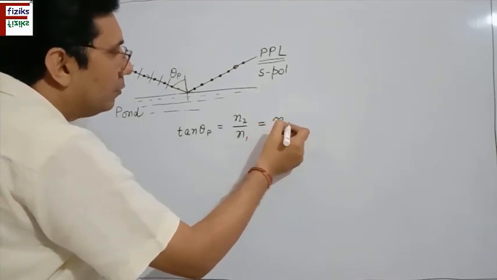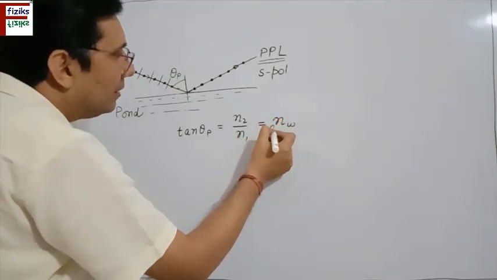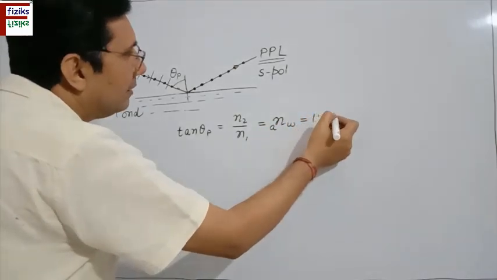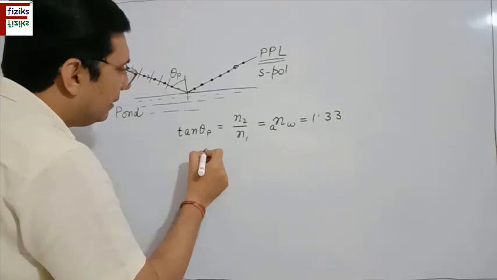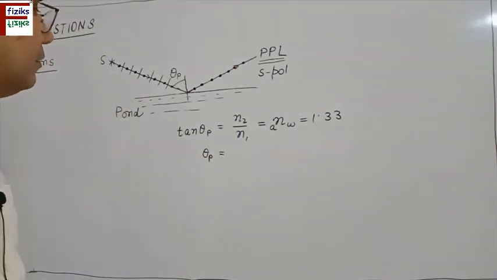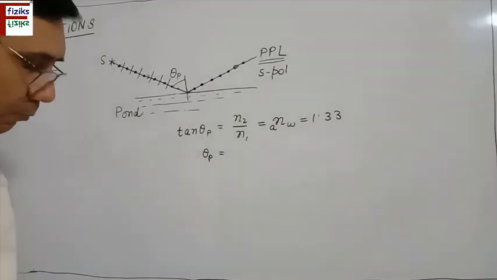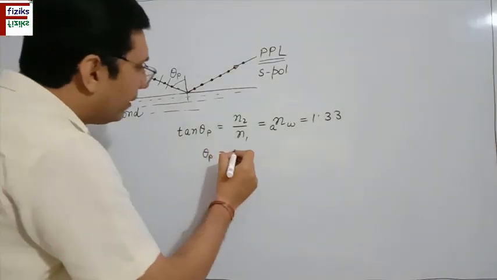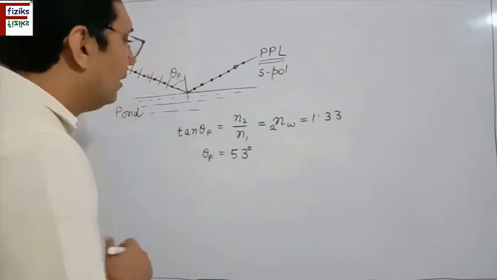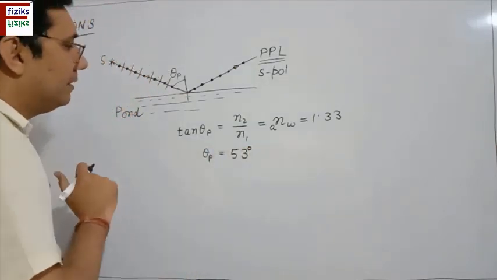N2, the refractive index of water with respect to air, is 1.33. So theta p is tan inverse 1.33, and with the help of a calculator we find that theta p is equal to 53 degrees.